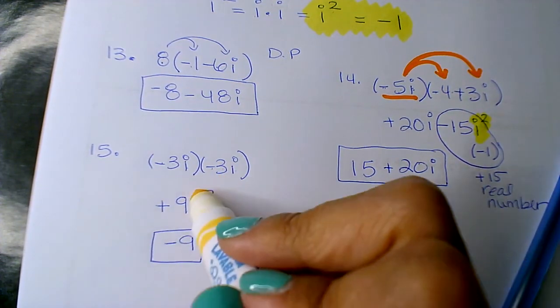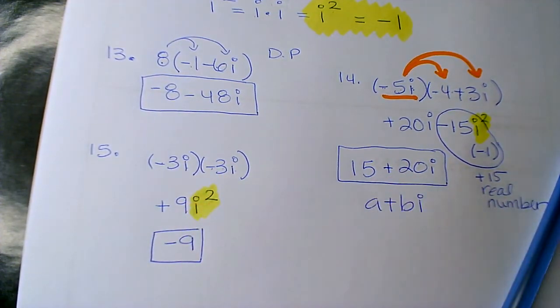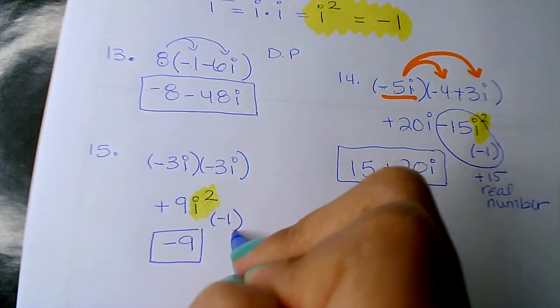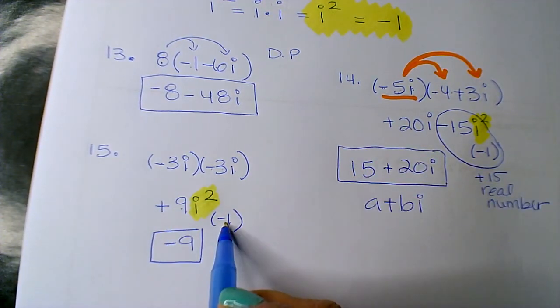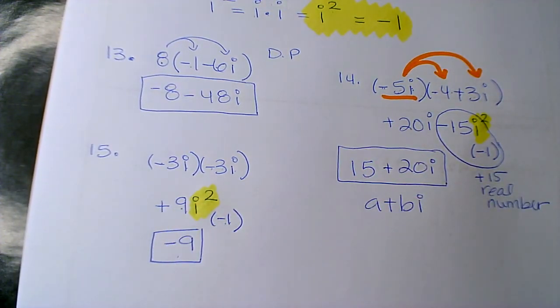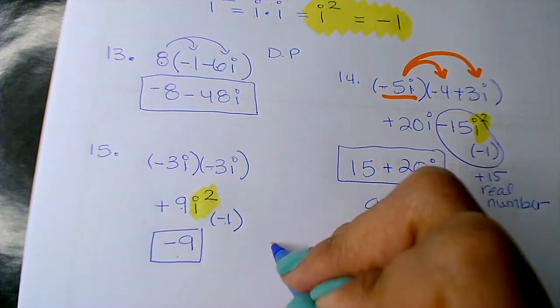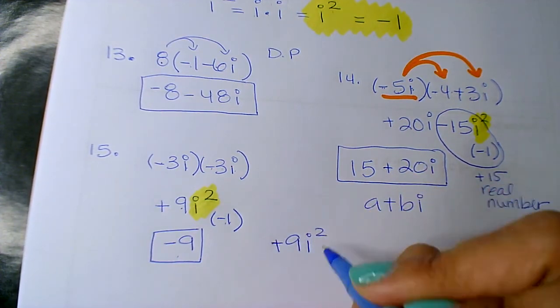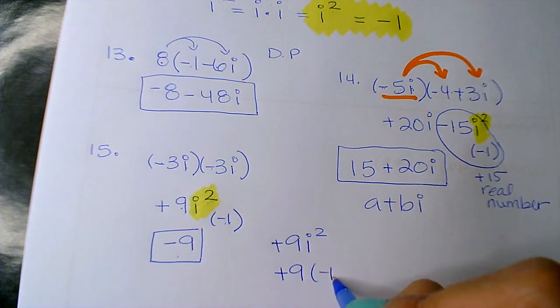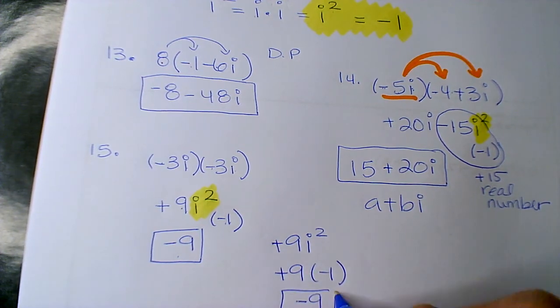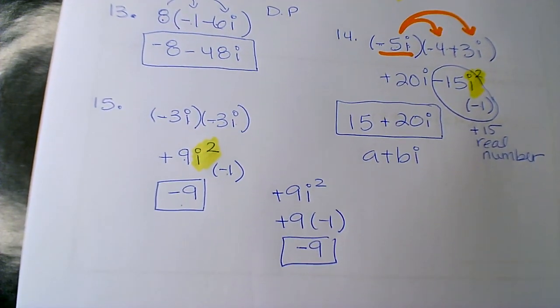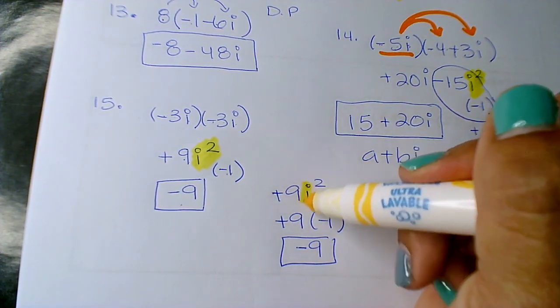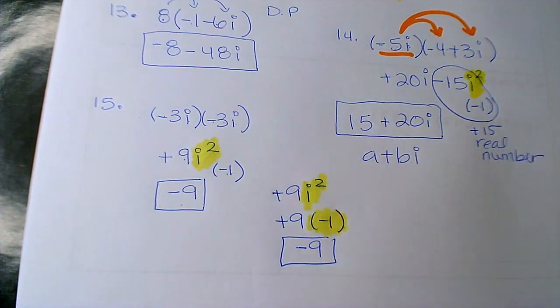Because this will become my negative 1, and so positive 9 times negative 1 is negative 9. And by the way, if you want to write extra and do this, then absolutely go ahead and do that. And you can show the substitution. That's it.